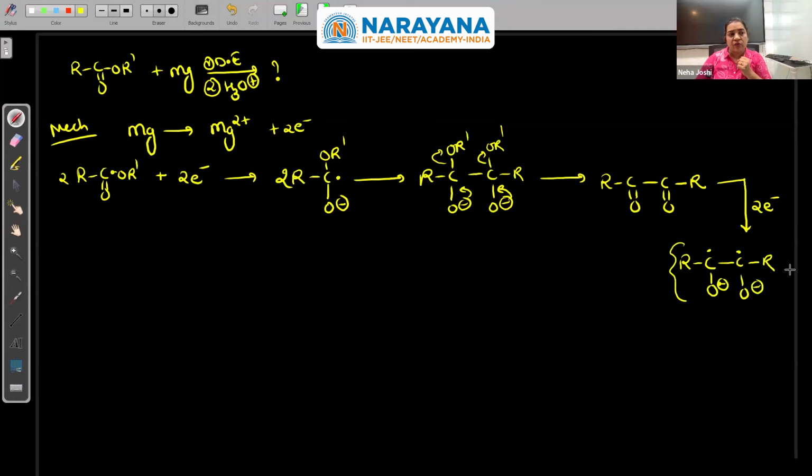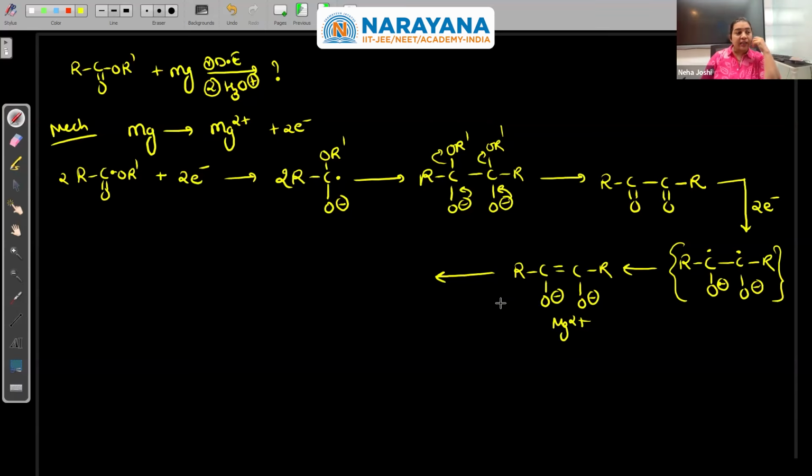Though this is just for explanation I am using. How could it be possible that two vicinal dots can survive? So what actually will happen is a bond formation, and we will not have this, we'll have this. Till here magnesium was balancing the charge. Now there is no polar site or polar bond where I can further add the electron.